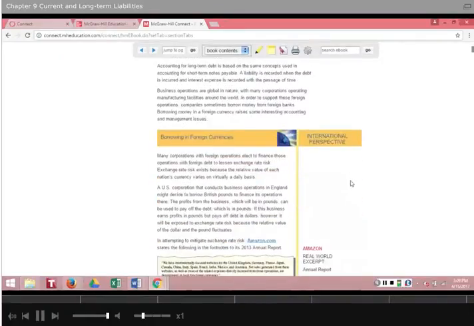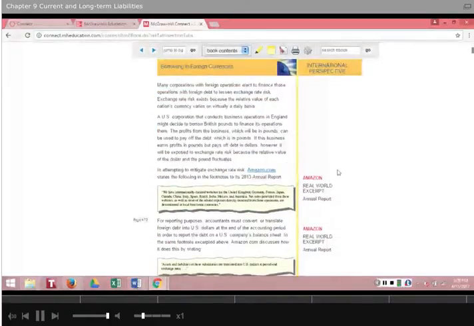A lot of times, companies do operate in foreign countries, and as a result, they have foreign currencies, and these foreign currencies open them up to rate changes. And the key is that a lot of companies that operate in foreign countries borrow in foreign currencies as a way to hedge against the change in value of the assets on the books that they have in the foreign countries.